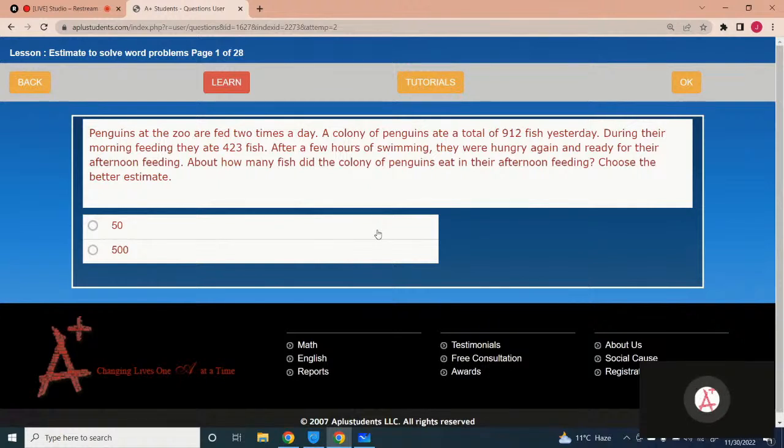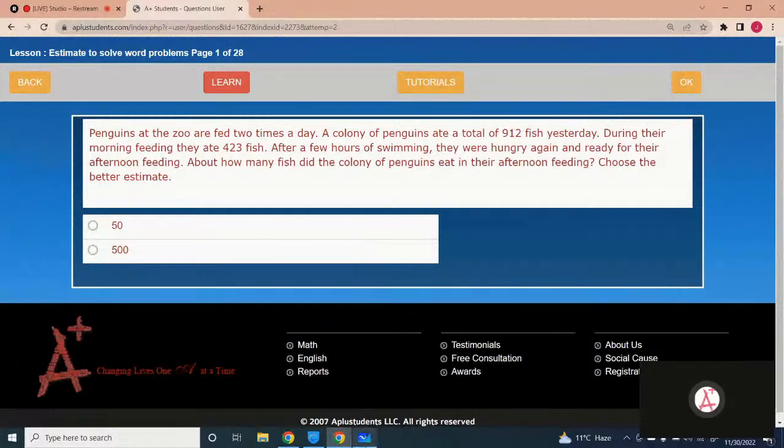You have 912 and 400. Penguins ate 912 fish yesterday and 423 fish in the morning. Now you have to select how many fish the colony of penguins ate in their afternoon feed. You have to calculate the fish they ate in the afternoon feed. So yesterday they ate 912, so subtract 423 from 912. Got it?